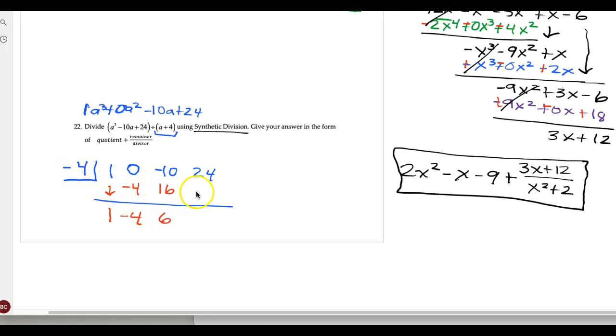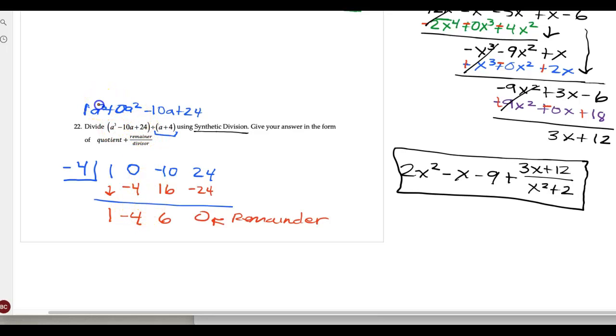6 times negative 4 is negative 24. 24 minus 24 is 0. So this last number here is my remainder, which means it divided in evenly, so I have nothing left here, right? But I can't just leave my answer as these numbers. I need to put my variables back in.